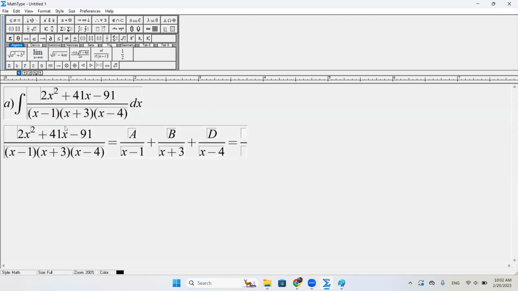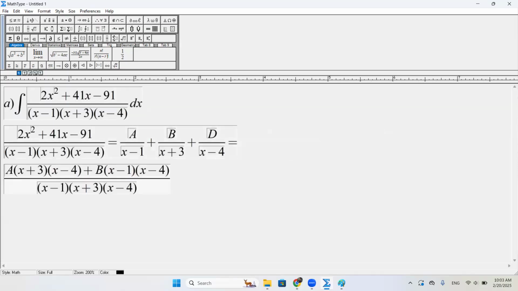A, B, and D are usual real numbers. Now we are finding the common denominator. For A, to multiply these fractions, we multiply A by x plus 3 and x minus 4, plus B multiplied by x minus 1 and x minus 4.